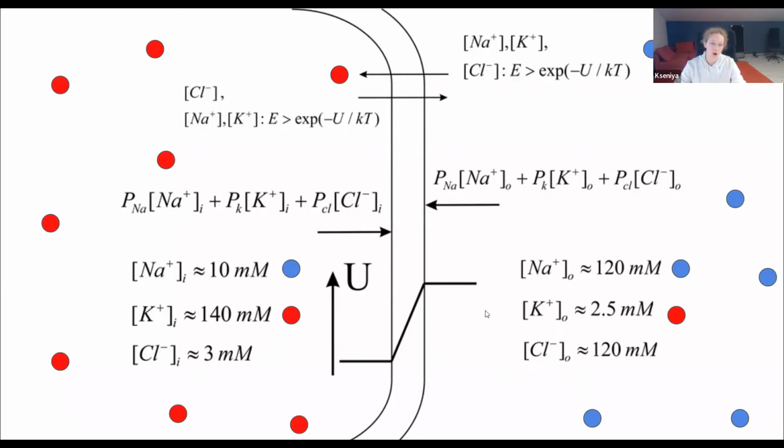So on the one hand, in one unit of time, we have a current from inside to outside, like this, and from outside to inside, like this.